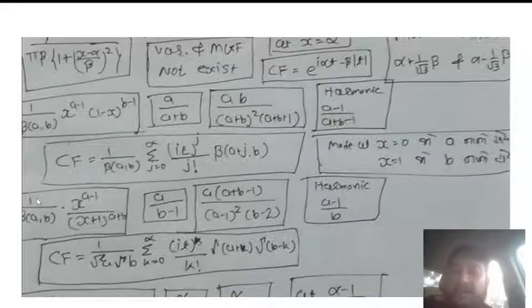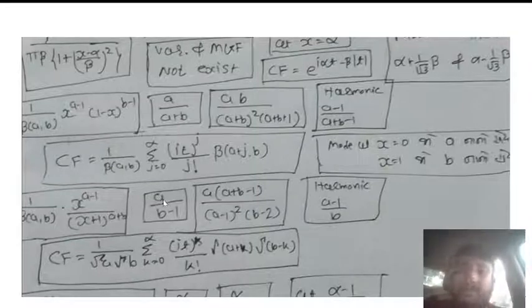Both are similar till 1 upon beta of a, b into x raised to a minus 1, but after that it doesn't have 1 minus x raised to b minus 1. In place of it, it has x plus 1 under, raised to a plus b.